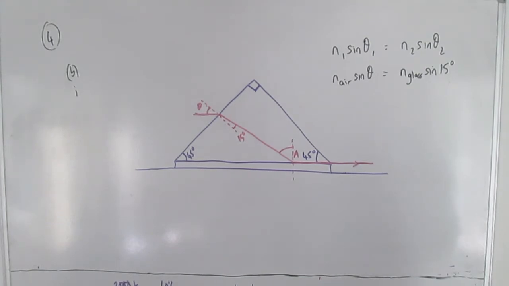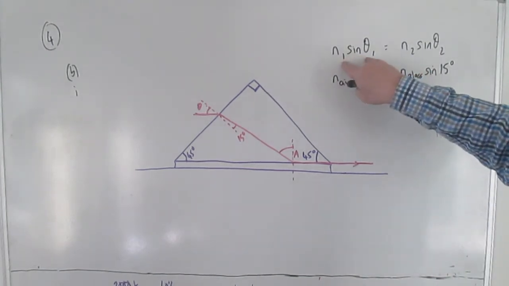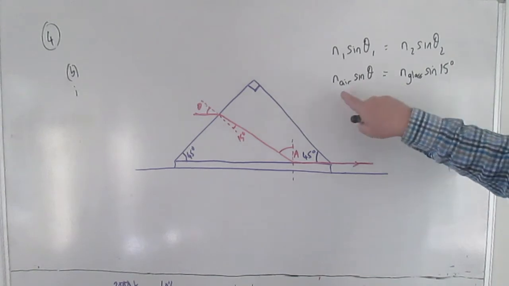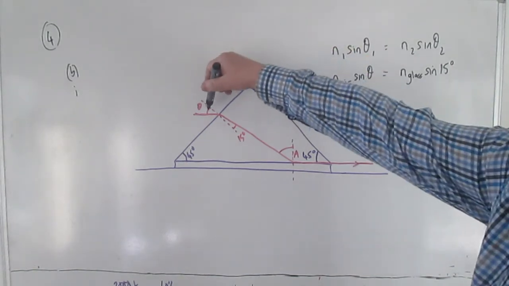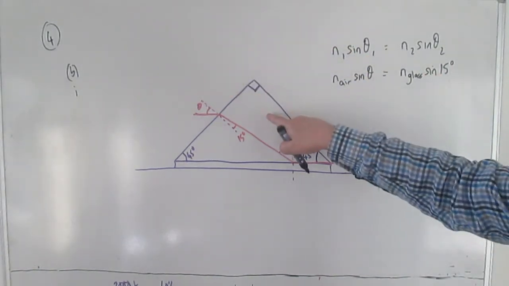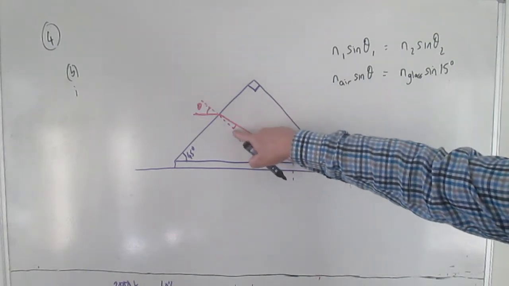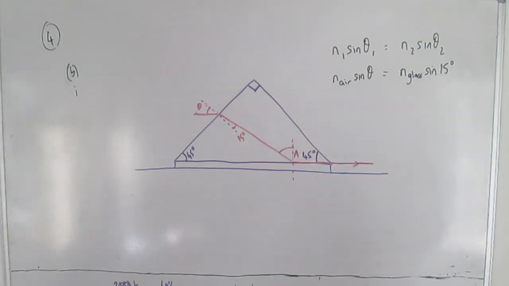That's just substituting in 1 being the air and 2 being the glass. So saying the refractive index of the air times sine of that angle is equal to the refractive index of the glass times sine of the angle of refraction, which is 15 degrees.